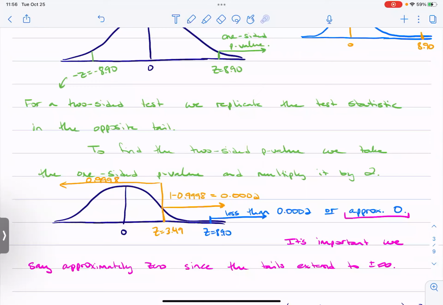If it was a one-sided test, so if I wanted to use 0.7225 to show that it's significantly greater than 0.5, then I would be good with just the one-sided p-value. But because I want to show that there's a difference, my sample proportion happened to be on the upper end, but it could also have happened on the lower end.